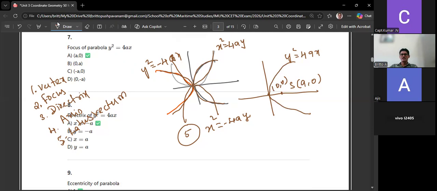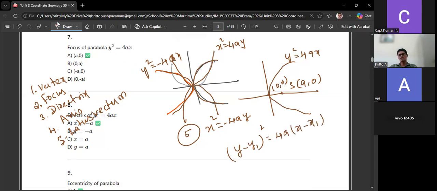So this parabola y squared equal to 4ax intersects the x-axis at the point (0, 0). Sometimes it may be shifted above or below, and then you get a different point for the focus. So y squared equal to 4ax is the standard form of the equation of a parabola. But in general, we write a parabola like this: (y minus y1) the whole squared equal to 4a times (x minus x1).